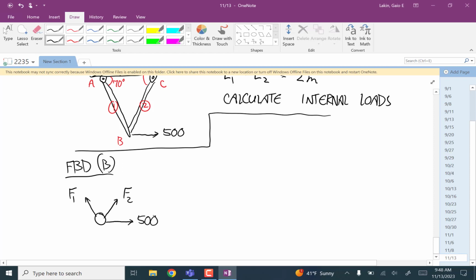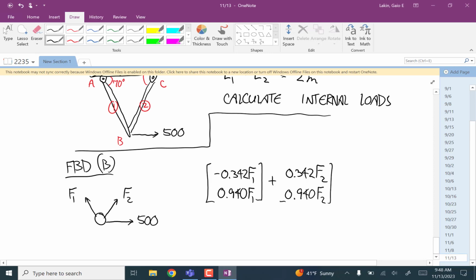We only have 2 unknowns, so we can solve that by just treating this as a particle. So we have negative 0.342 F1, positive 0.940 F1, plus positive 0.342 F2, positive 0.940 F2. Those are just unit vectors in the direction of those.